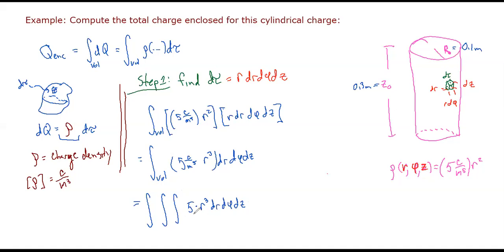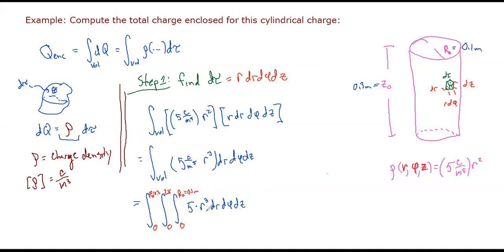And if I want to make this a definite integral and get the entire cylinder, the actual numerical limits should be what? 0 to 2 pi. And that one's in the second position. And then 0 to z naught equals 0.3, and 0 to r naught equals 0.1 meter.